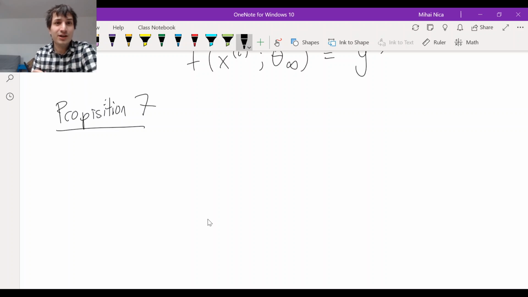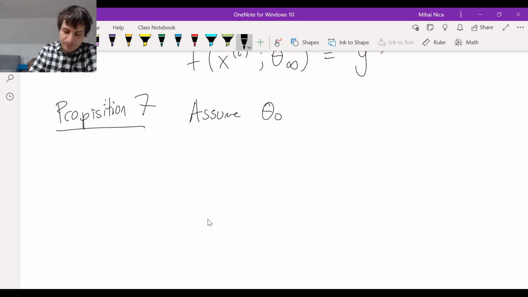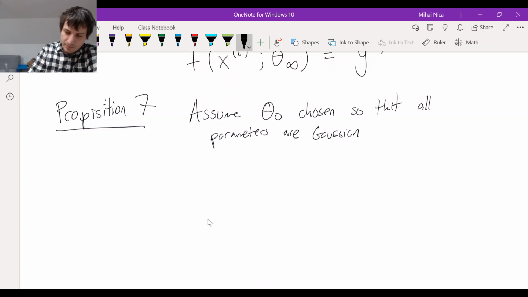The initialization is like this. At time 0, you have to set your weights to something, your initial parameters, and we're going to choose them Gaussian. So assume theta 0 is chosen so that all parameters are Gaussian with mean 0 and variance 1.